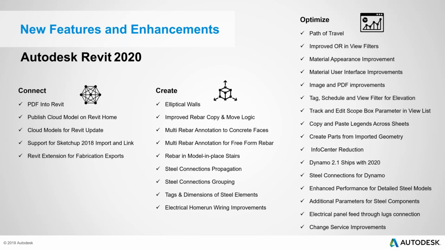third-party files like SketchUp and other things. And then we have a lot of good modeling capabilities, including tag and dimensioning, steel connections, multi-rebar annotations, and so on. And apart from that, some of the optimizations were path of travel, more improved view filters, including OR filters that have been added, enhancements to add Dynamo scripting for steel and other nodes which have been included in Dynamo.